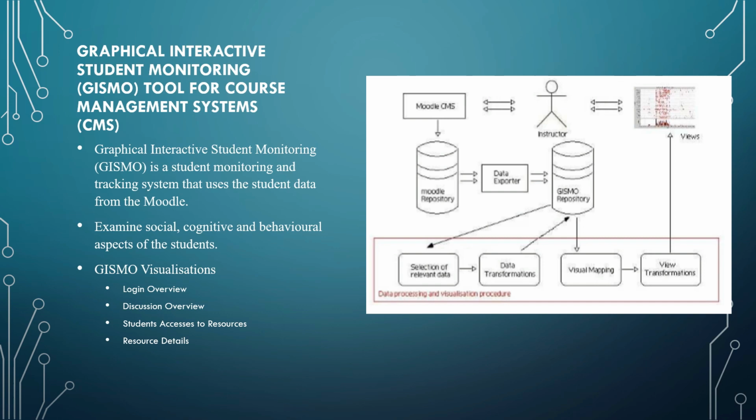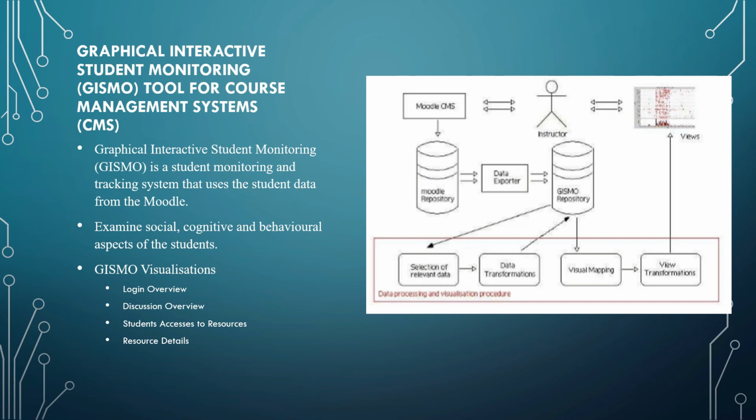At the Gizmo repository, selection of relevant data and data transformations will be done. There are also visual mapping and view transformations to let the instructor view the data in a graphical, interactive manner.